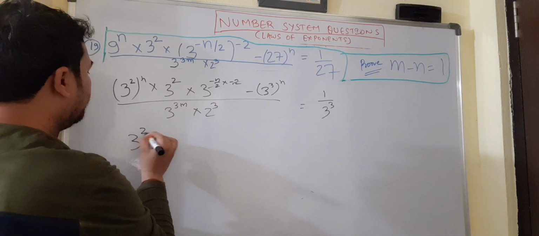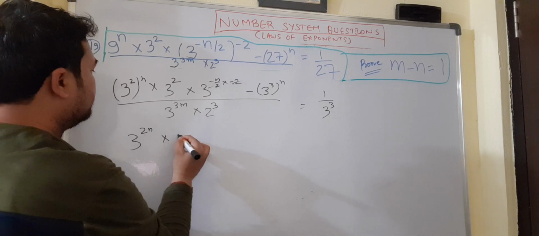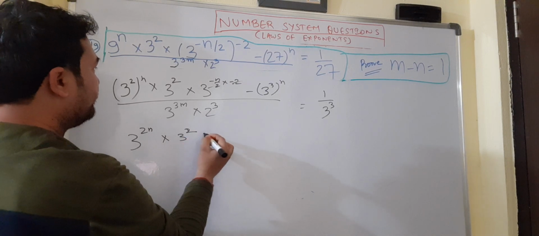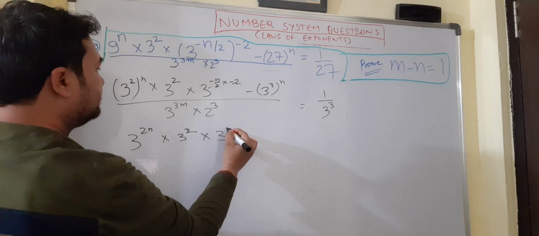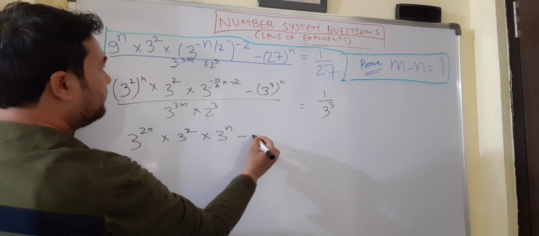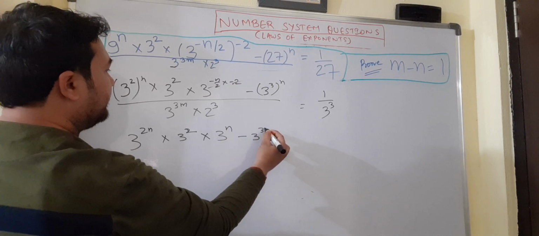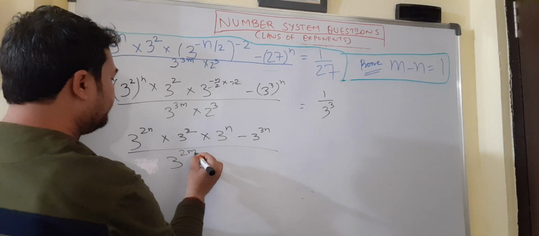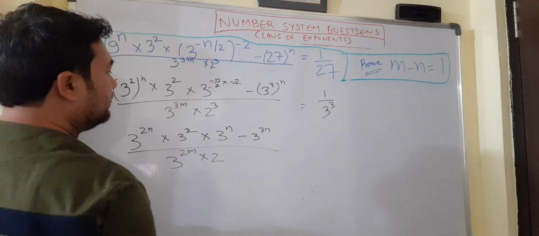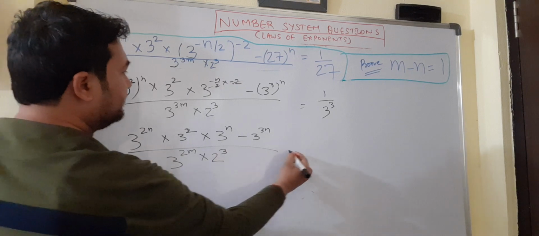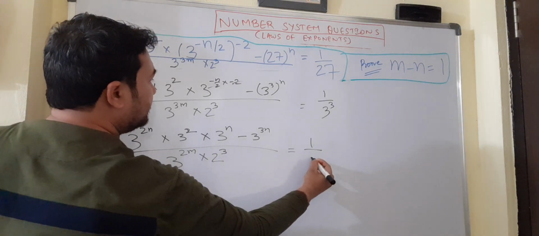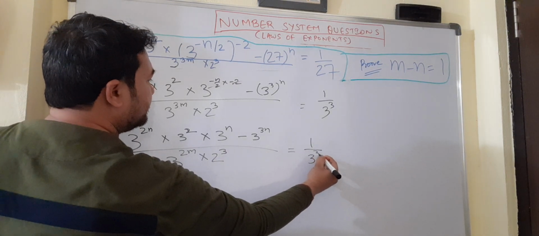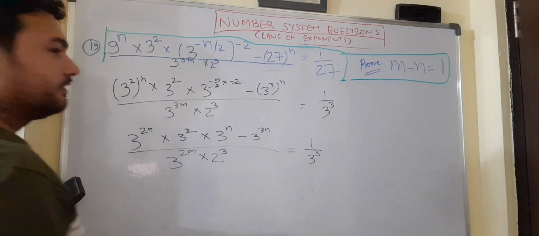So we have 3 to the power 2n into 3 to the power 2 into 3 to the power n minus 3 to the power 3n, divided by 3 to the power 2n into 2 to the power 3, and that is equal to 1 by 3 to the power 3, isn't it?